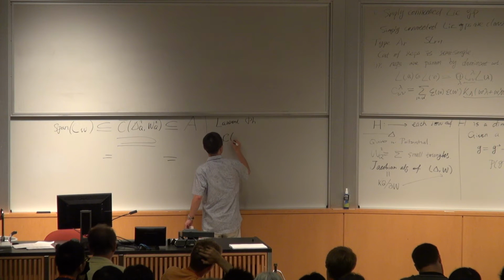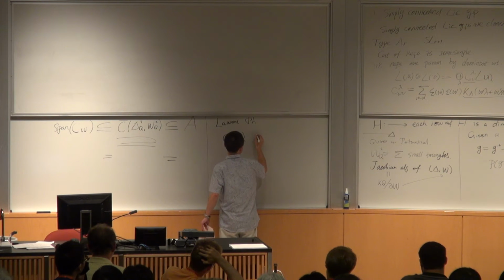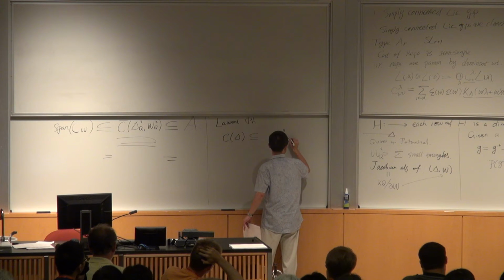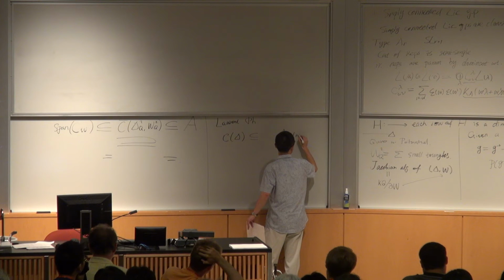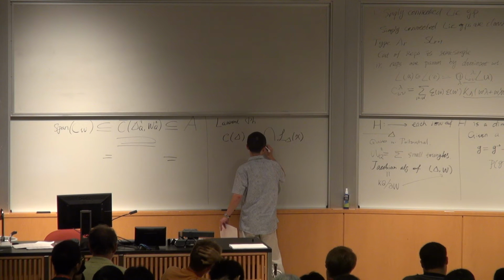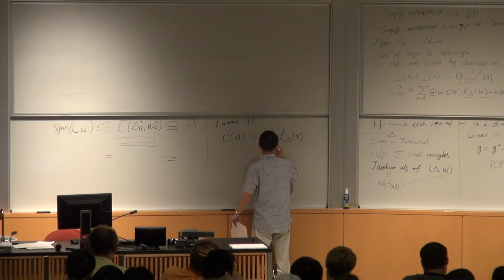So the cluster algebra of this delta lies inside the Laurent polynomials of each cluster which is mutation equivalent to the initial one.